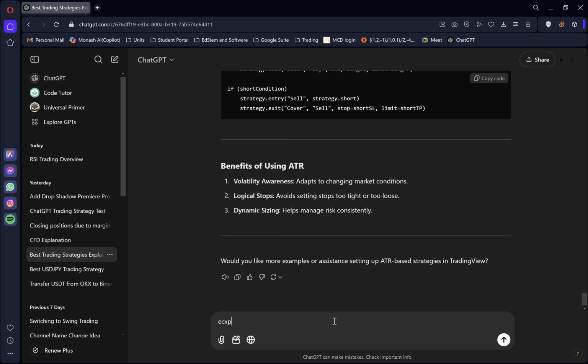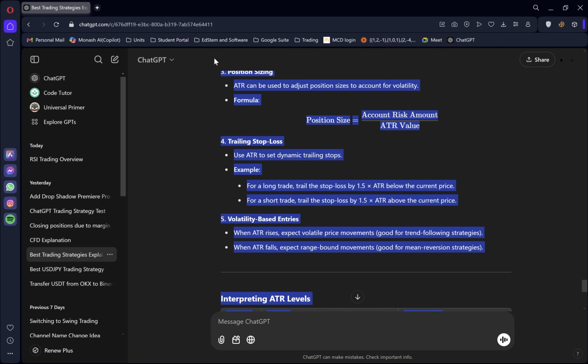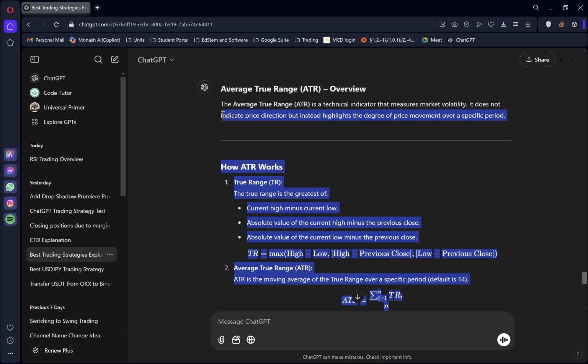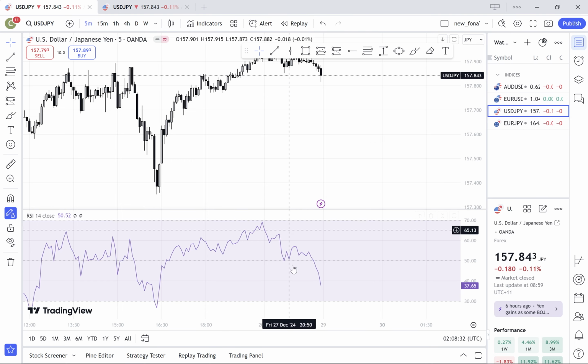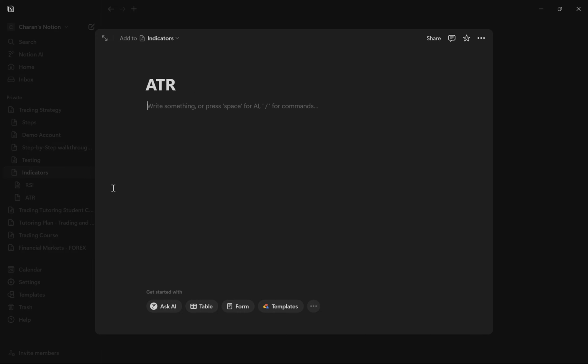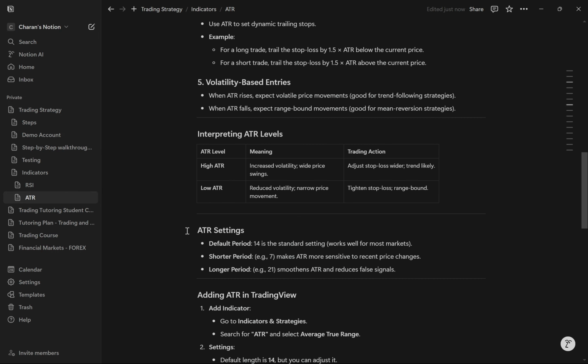So I'm going to ask it to explain. Alright, you know what? I would just copy this first. Alright, so we've got our indicators, add ATR, paste it.